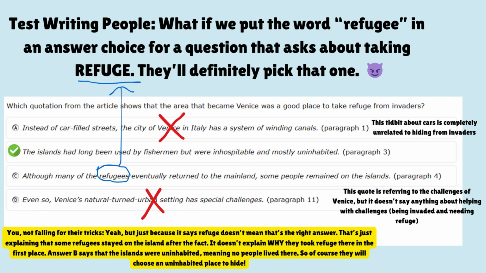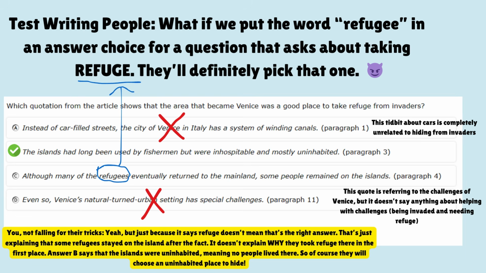So that one is also unrelated, because the question is, which quote from the article shows that the area that became Venice, this island that will one day become Venice, was a good place to hide from invaders? Well, just saying that its urban setting has special challenges, and it didn't even have an urban setting during the time that people were taking refuge, has nothing to do with what the question's asking.